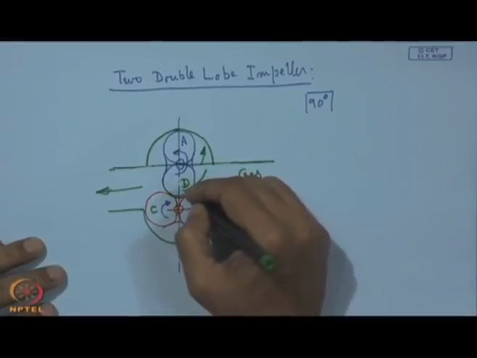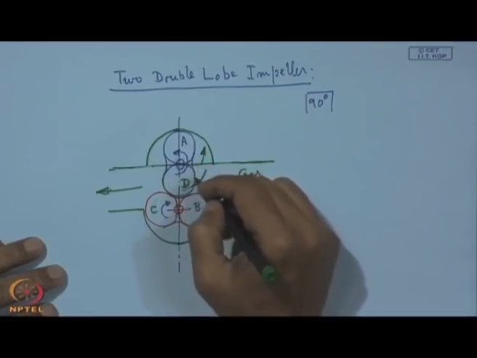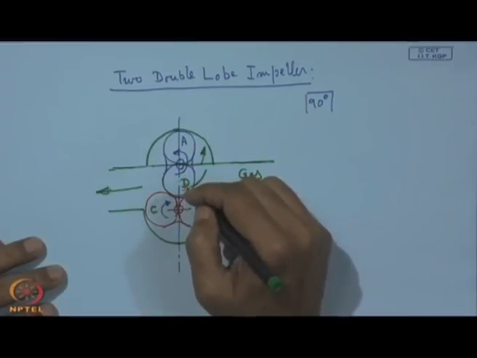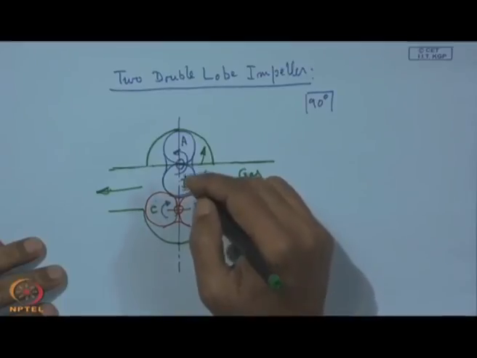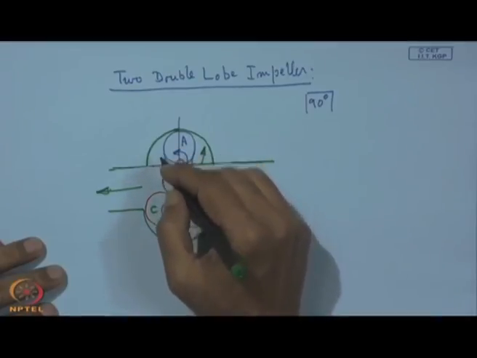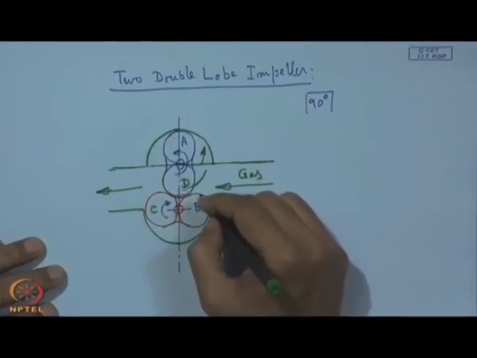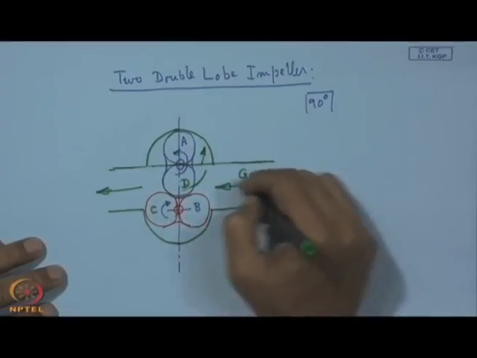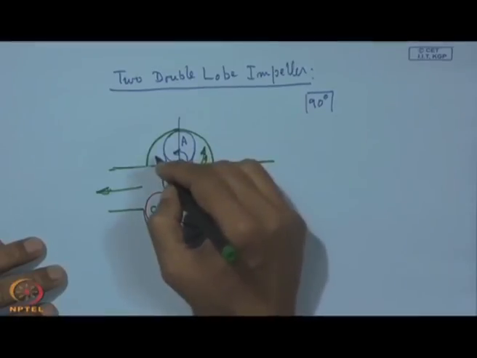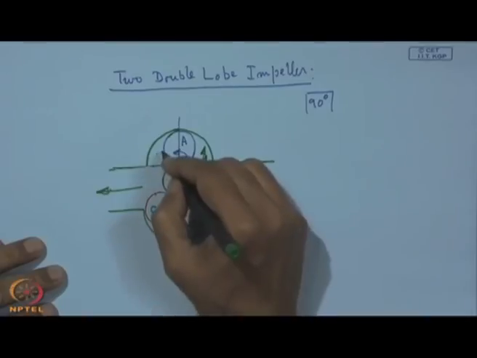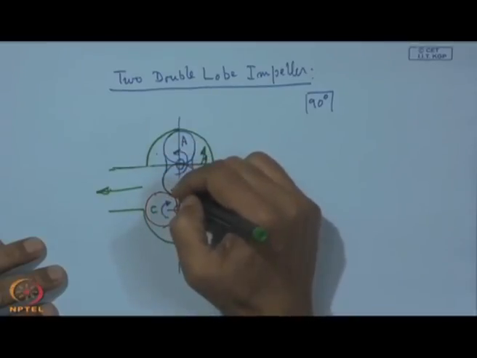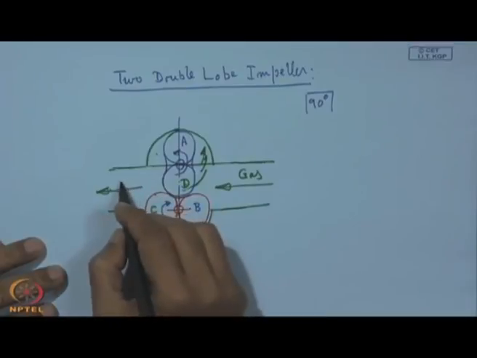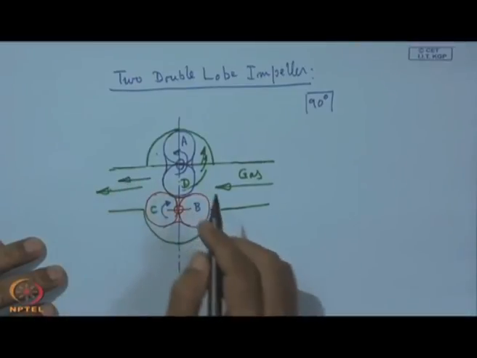So, finally, when it moves over this surface, then B will be here. So, what it amounts to is that between this lobe and the lobe from this side, there will be some squeezing, and the gas which is admitted on this side will be squeezed between these two lobes when they are approaching each other, and as a result it will be compressed on this side.